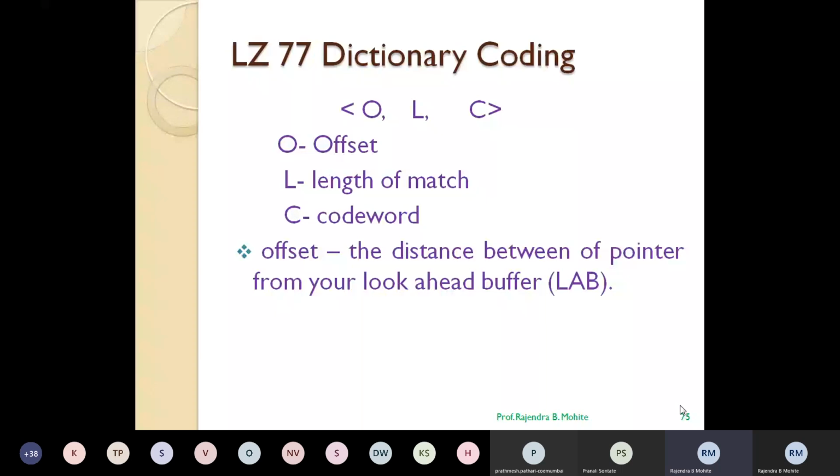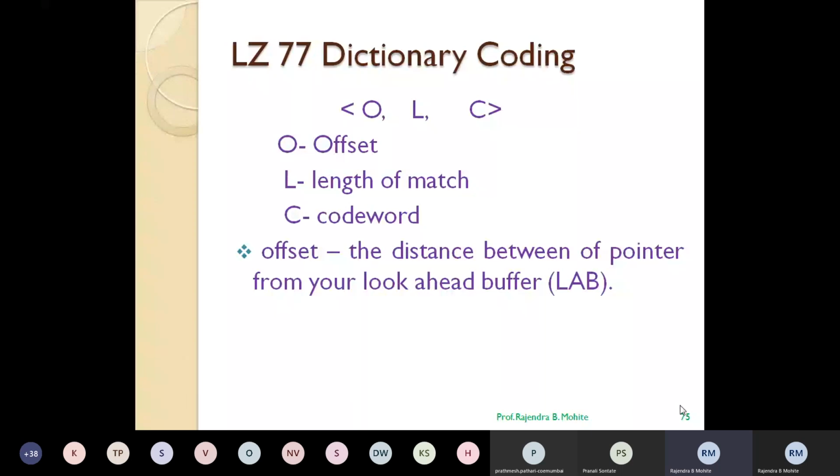The triplet format indicates the function: O represents the offset, L represents the length of the match, and C is for the symbol for which we do not have a match, so it is represented with the help of a code word. Offset is basically the distance of the pointer from your look ahead buffer.